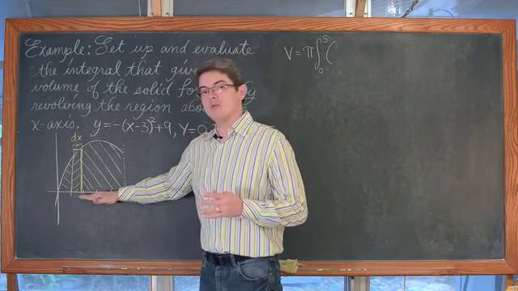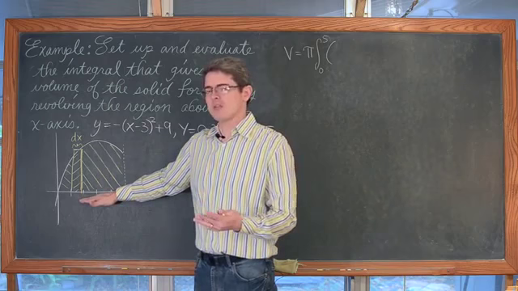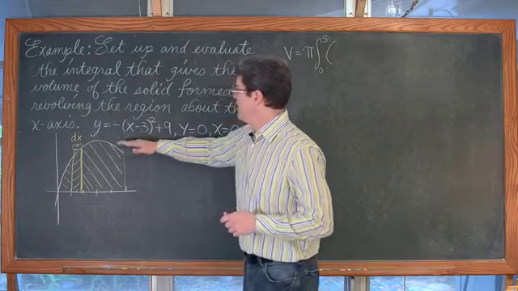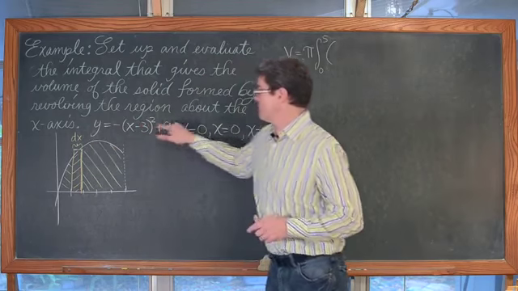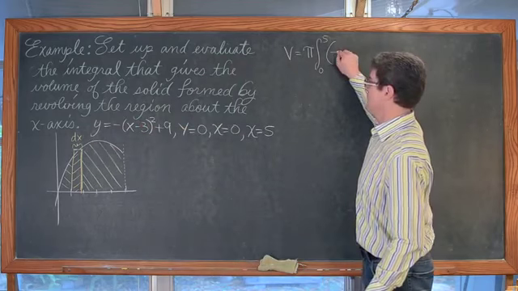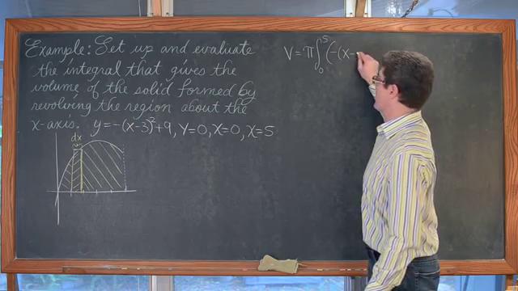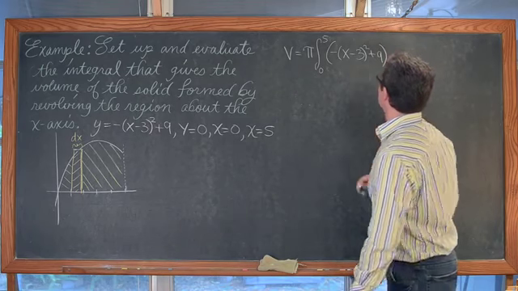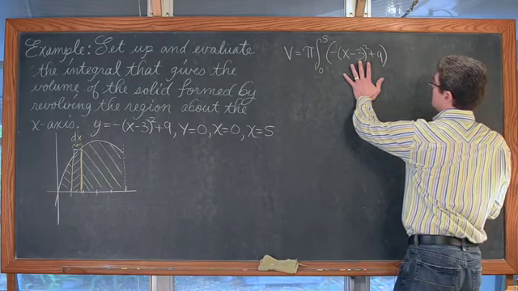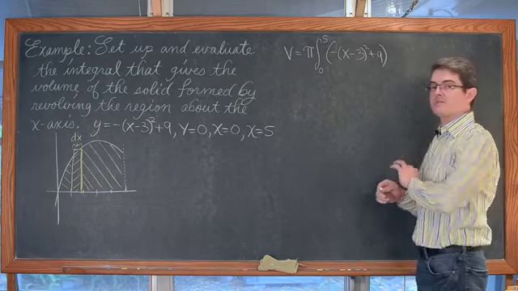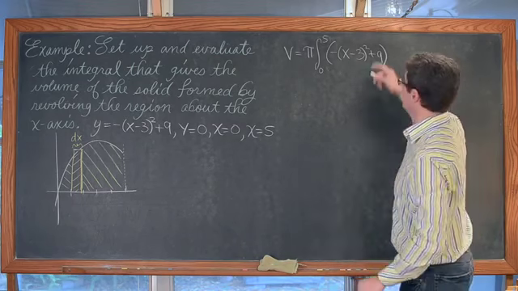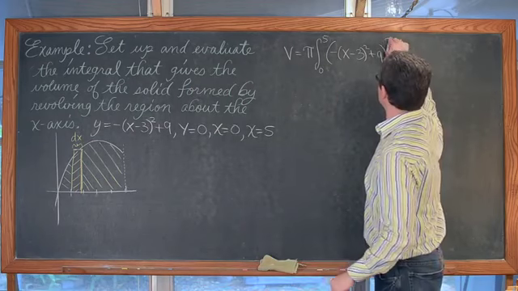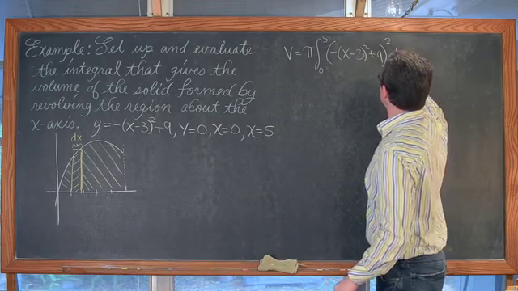Well, that's just going to be y equals 0, and that's why it seems like we're just taking the function and squaring it. But it's going to be the function minus 0, and that height is, of course, negative x minus 3 squared plus 9, and that is going to be our function giving us the radius of each disk, or again the length of each of these rectangles that are going to get revolved, squared dx.